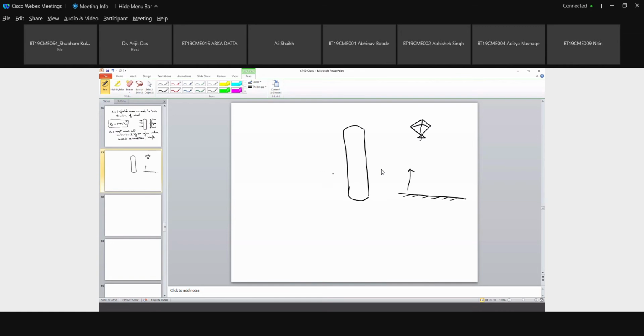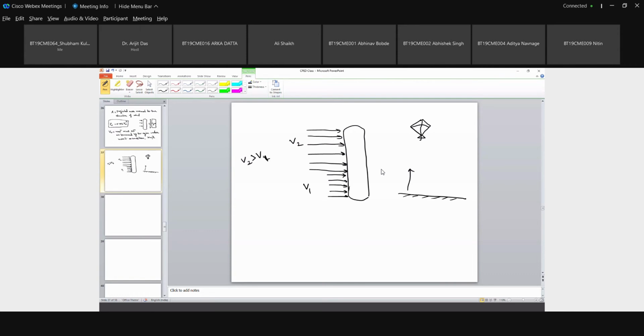It may be that up to this height the wind velocity is V1, and above this height the wind velocity changes and is V2, where V2 is greater than V1.